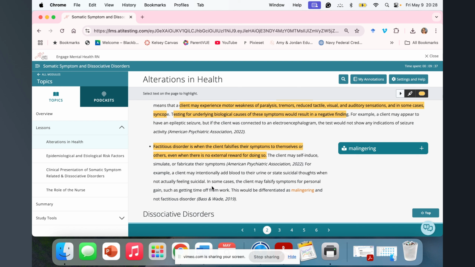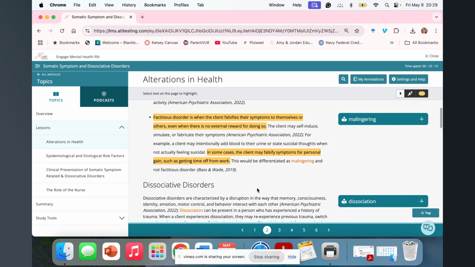But in some cases, the client may falsify symptoms for personal gain, such as getting time off of work, and this would be malingering, okay? So Scamantha, she would be malingering, okay? So she was falsifying that she was super duper sick, had cancer, and all these people were raising money, and you may correct me, but I think she got like $1 million based on all these fundraisers that she did to help her with medical bills and blah blah blah.